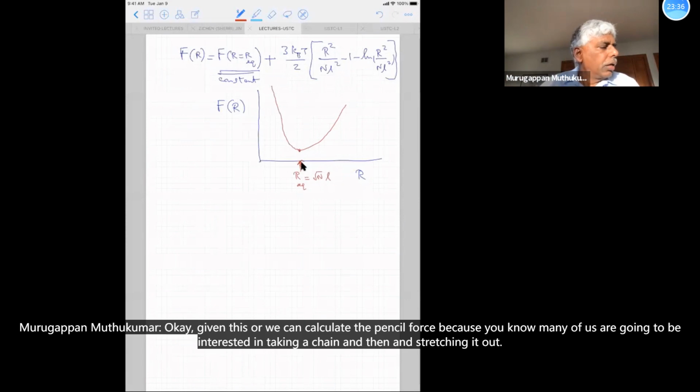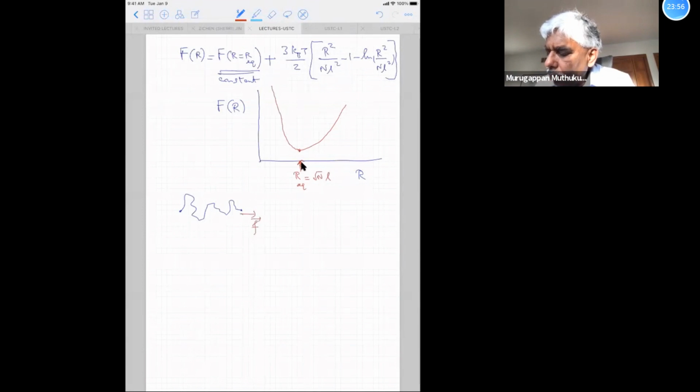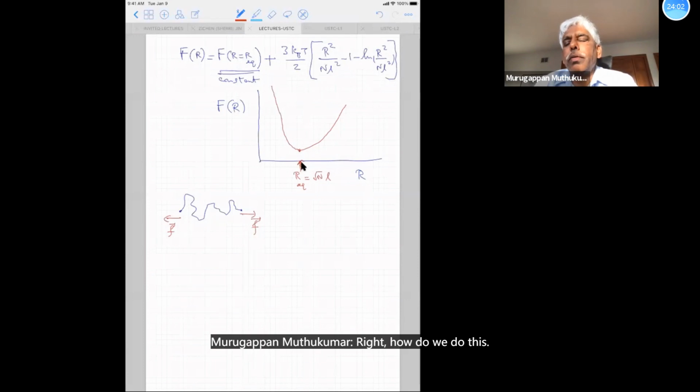Given this, we can calculate the tensile force, because many of us are going to be interested in taking a chain and stretching it out. One end in here, one end there, and I'm going to stretch it out with some force. How do we do this?